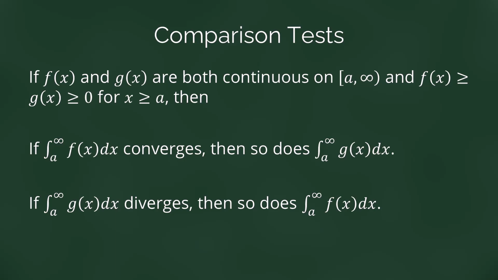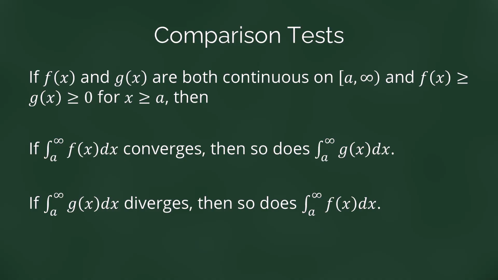Then we know that if the integral from a to infinity of f of x dx converges, so does the integral from a to infinity of g of x. Hopefully that makes some intuitive sense to you because g of x is smaller than f of x on the entire interval, so its area must be smaller than the finite area we've determined for f.